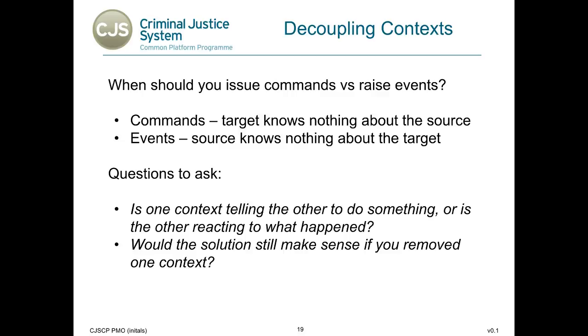The source of that command is a bit like a black box. It doesn't care where the command is coming from, it just knows that it's been told to do something. Whereas for events, the relationship is the other way around, in that the source that is publishing the event knows nothing about the consumer who's listening for that event and doing something based on it.